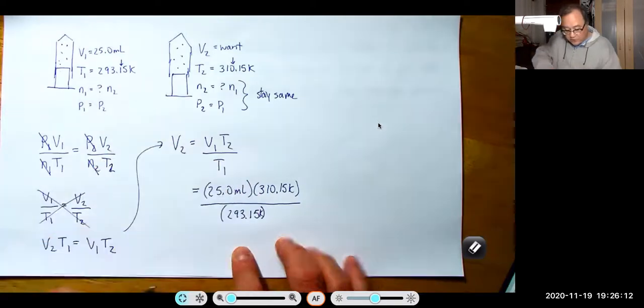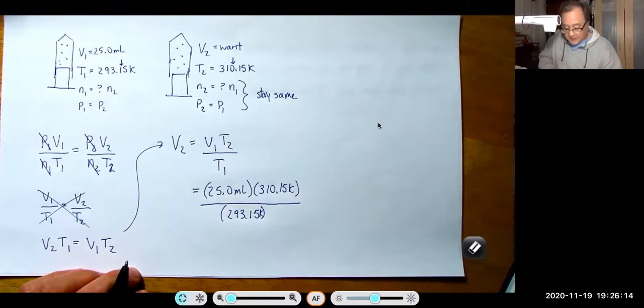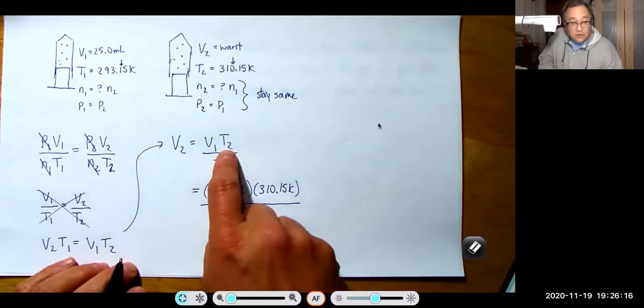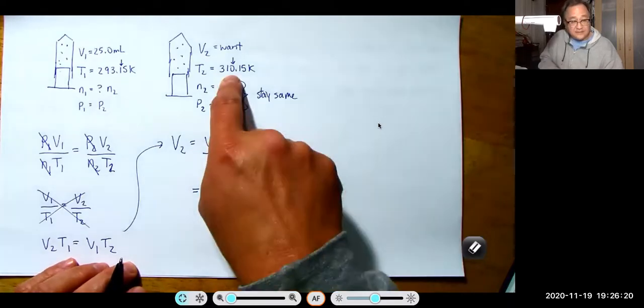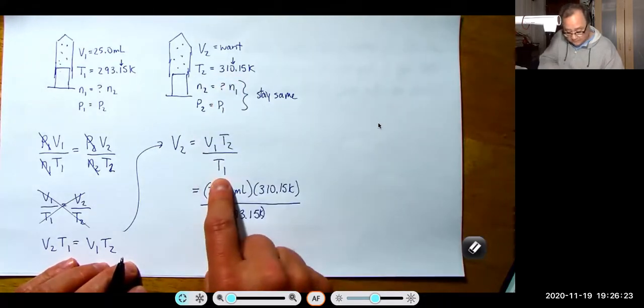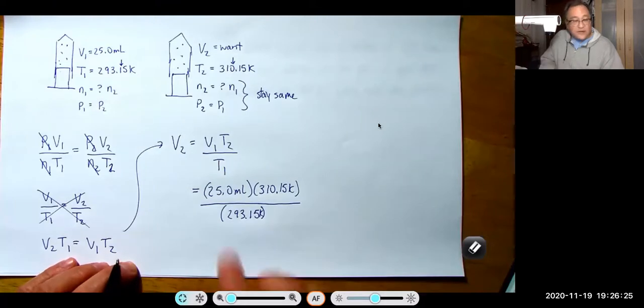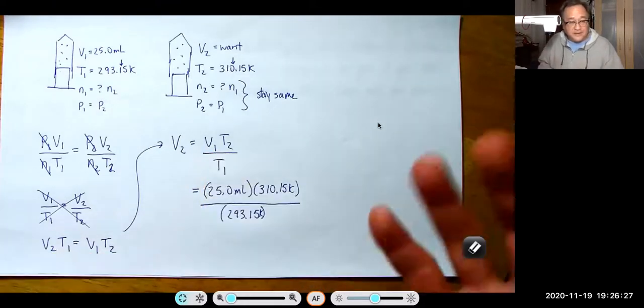So make sure that when you have this formula written correctly, that you substitute the right number for the particular variable. T2, 310. T1 on the bottom, 293. V1 and T1 don't belong together on top.